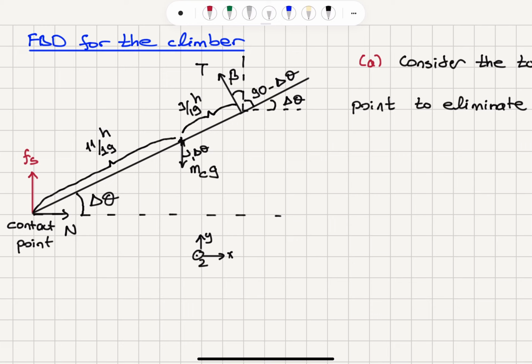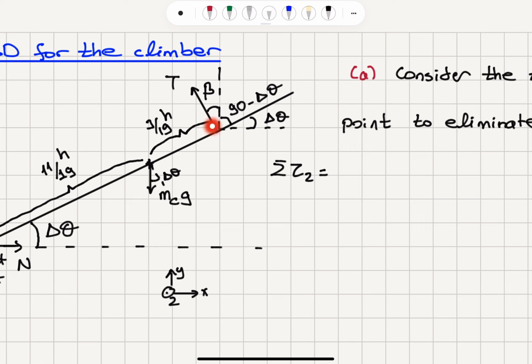So we consider the torque with respect to the contact point to eliminate two unknowns, static friction and the normal force. Okay, the net torque should be equal to 0 at equilibrium. The net torque will have a component due to the perpendicular component of the tension with respect to the body of the climber.